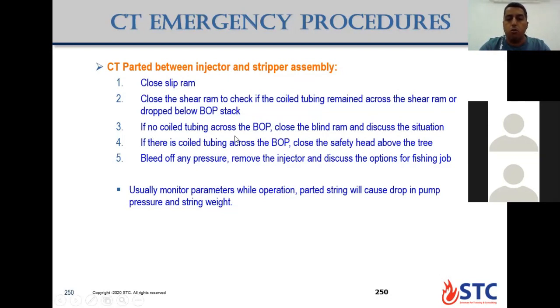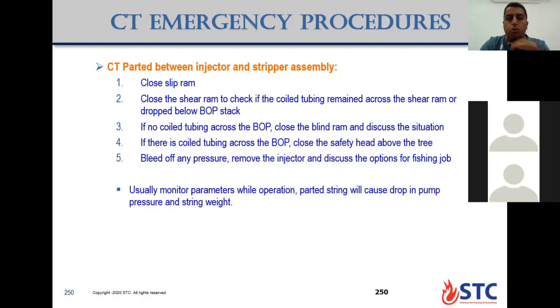If there is no coil tubing across the BOP, close the blind ram just to seal the well and discuss the situation. Sure, the situation will be a fishing operation. If there is coil tubing across the BOP, you need to close the safety head above the Christmas tree.